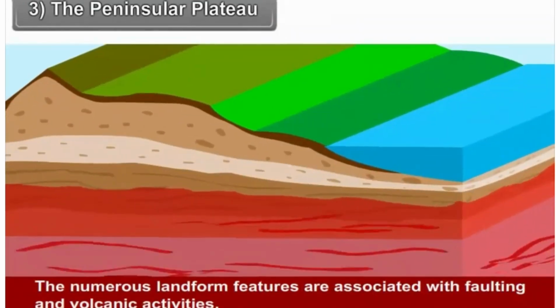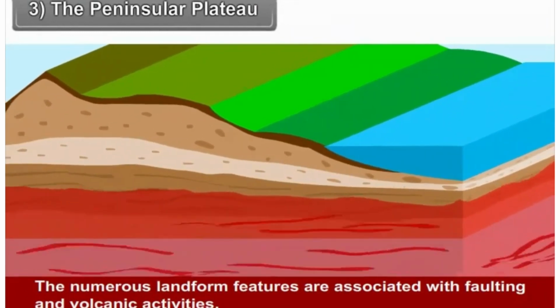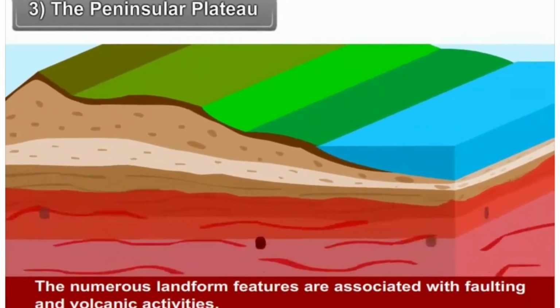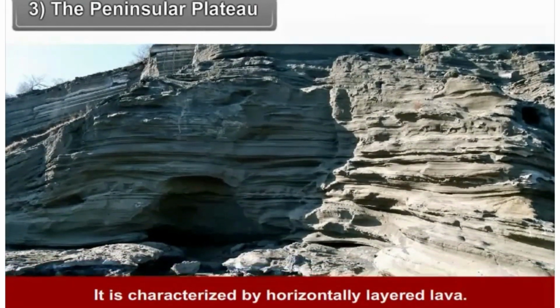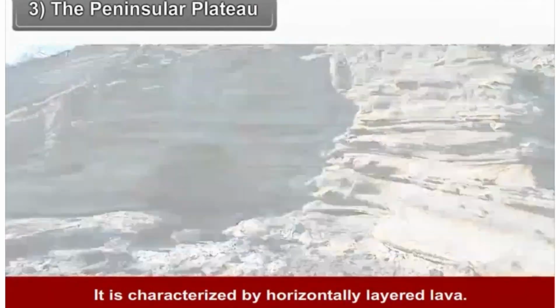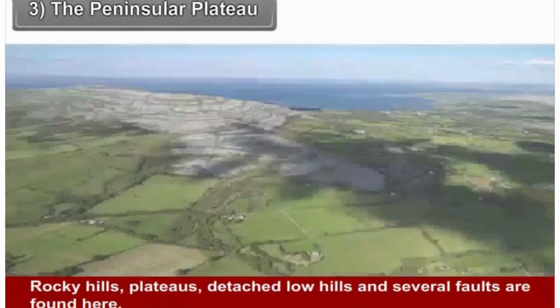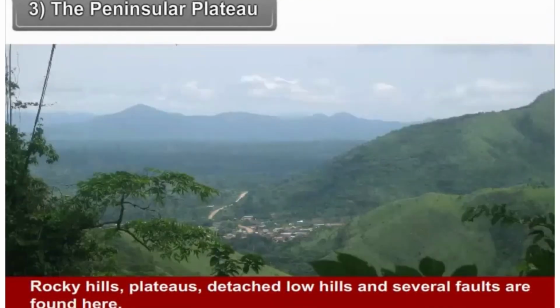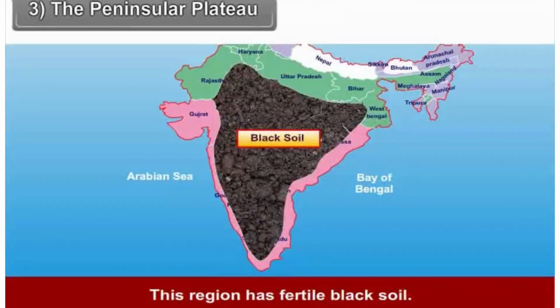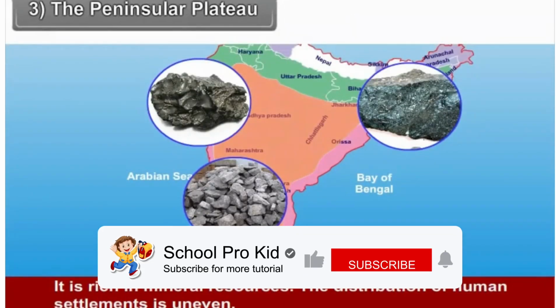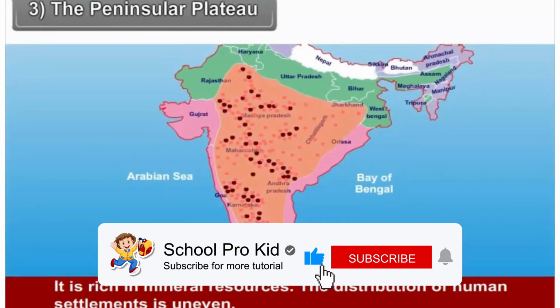The numerous landform features are associated with faulting and volcanic activities. It is characterized by horizontally layered lava, rocky hills, plateaus, detached low hills, and several falls. This region has fertile black soil. It is rich in mineral resources. The distribution of human settlements is uneven.